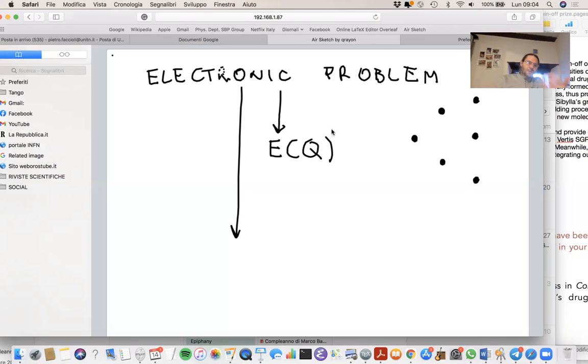Once you have this energy, we discussed that, for instance, you may take the gradient and obtain the force that is acting on each of these nuclei, if you want to treat them as classical particles. As a result, the emergent force that arises as a result of the electronic structure.